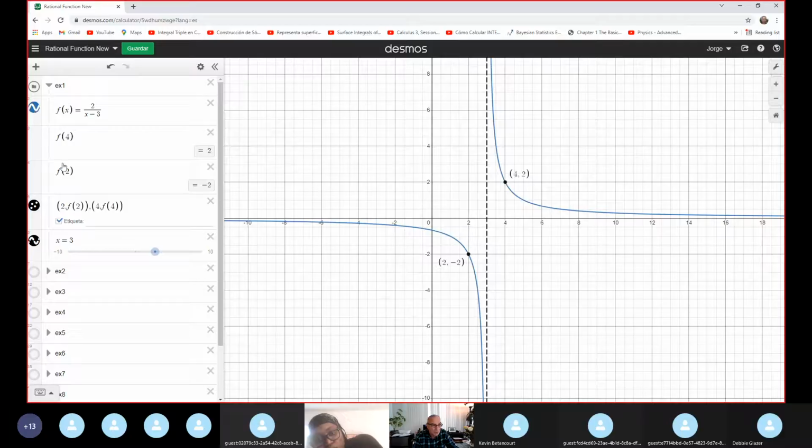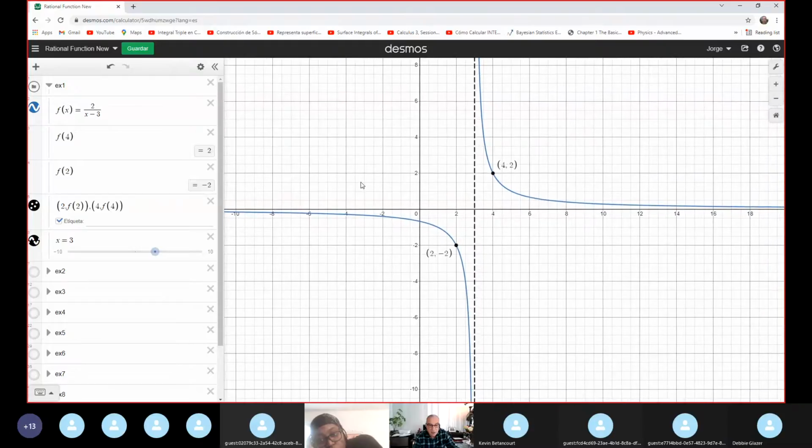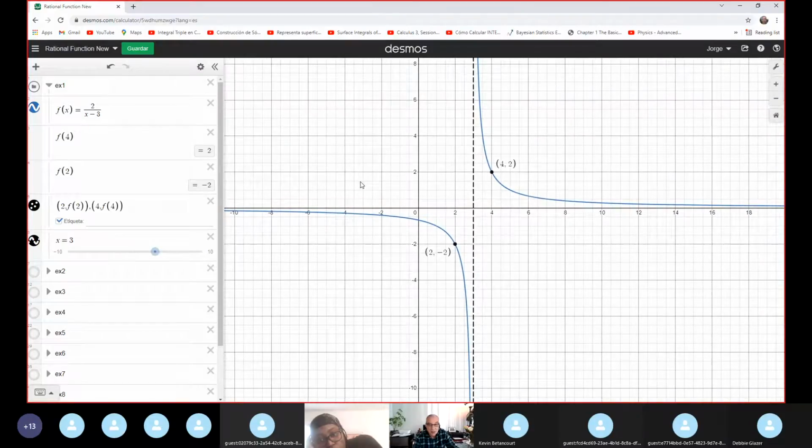You evaluate at 4 and at 2 because I want to approach the vertical asymptote from the right and from the left. I obtain 2 and negative 2. I plot the points: 2, f of 2, and 4, f of 4. Beautiful. And we determine perfectly the vertical asymptote and the behavior of the function close to the vertical asymptote.